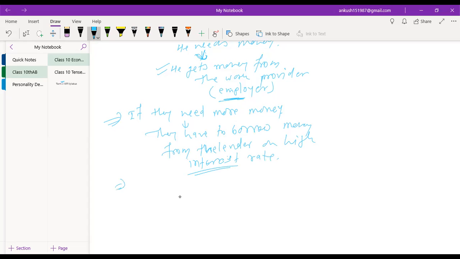And again, they would have to accept some basic conditions or situations that are put by the employer before them.